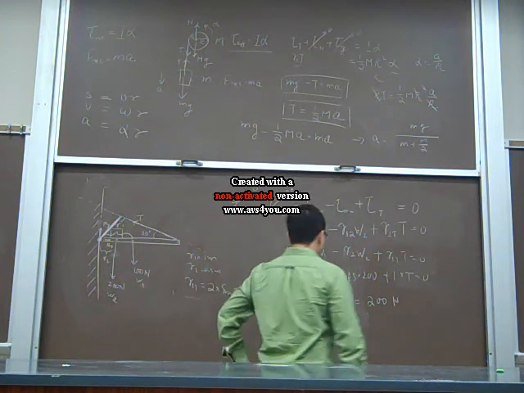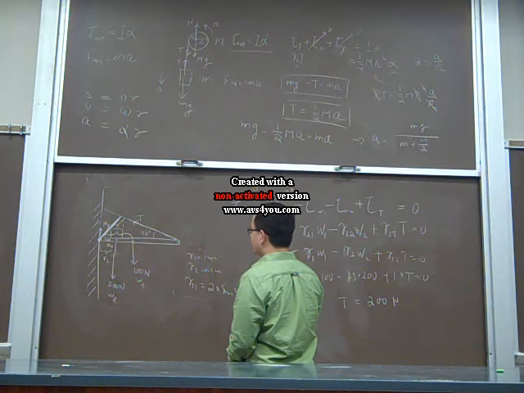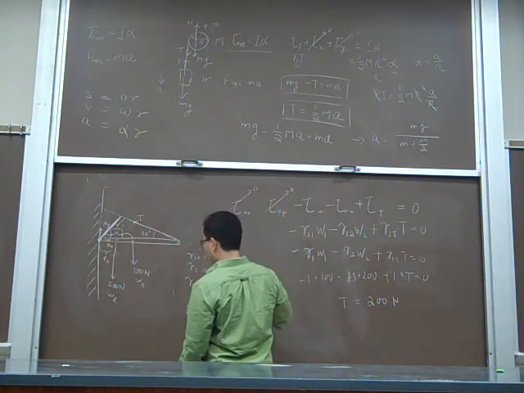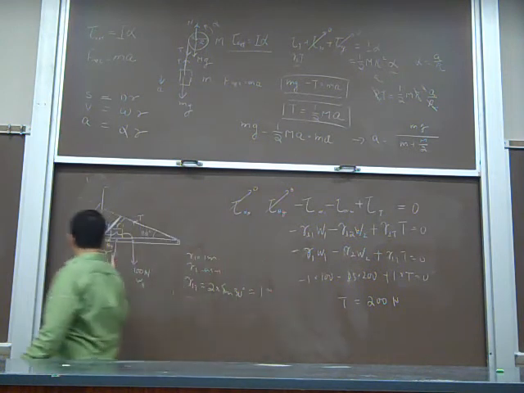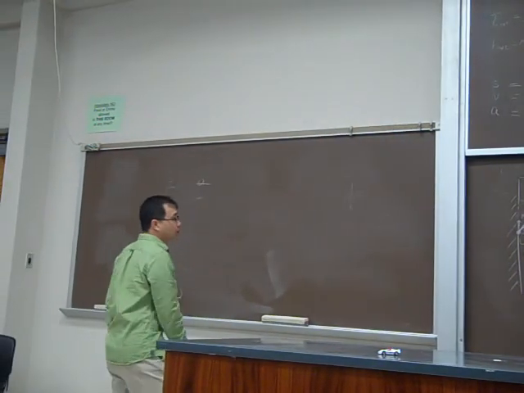Now, once you have calculated the tension T, you can go further to calculate the two forces, Nx and Ny. We already used the torque equation, so we still need to use the force balance equation to calculate Nx and Ny.